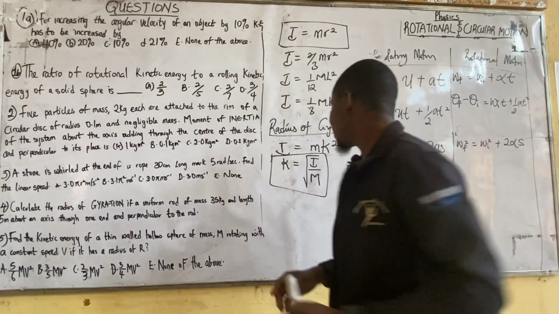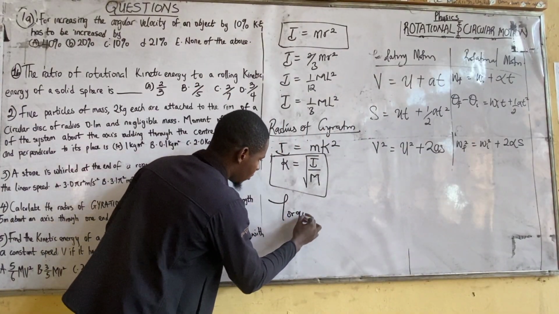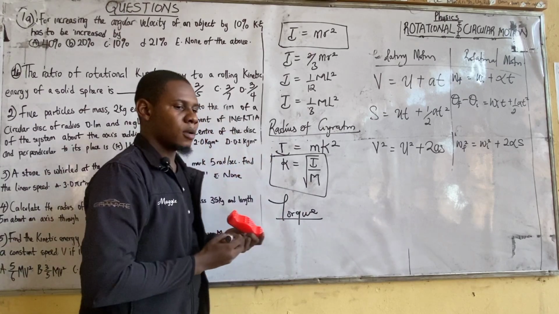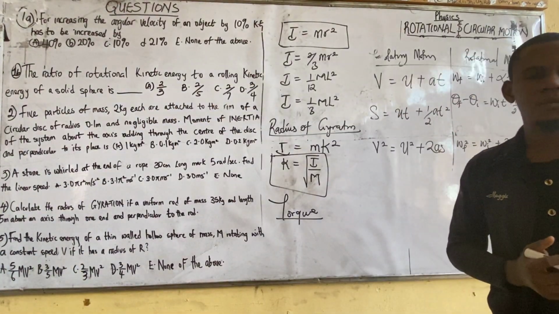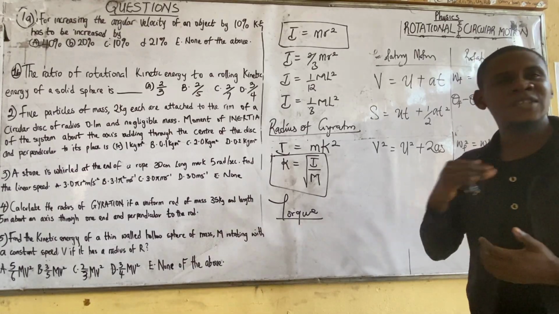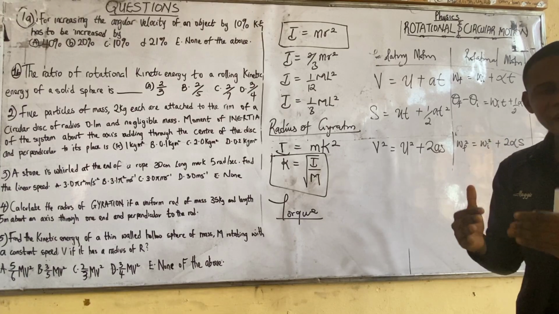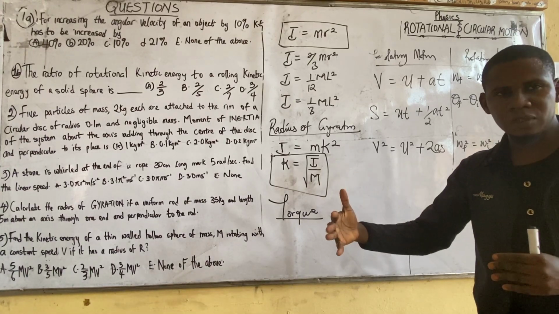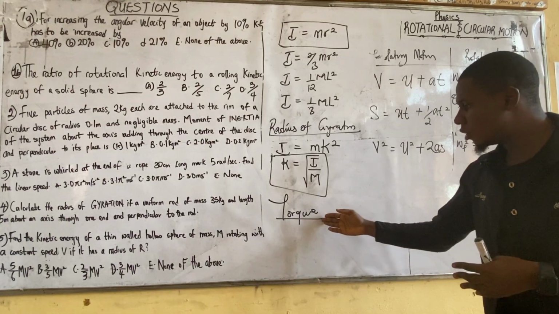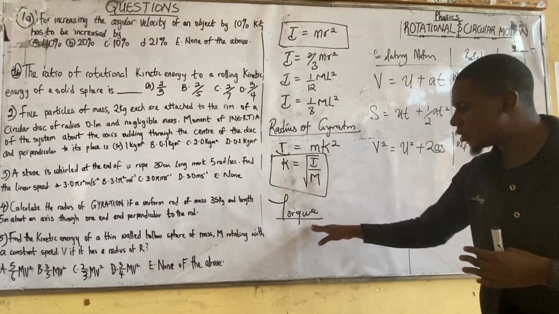So in that sense, let's look at torque. Torque is the turning effect of a body that is undergoing a rotational motion. The same work that is done in translatory motion is the same work done in rotational motion, and that work done is called torque.